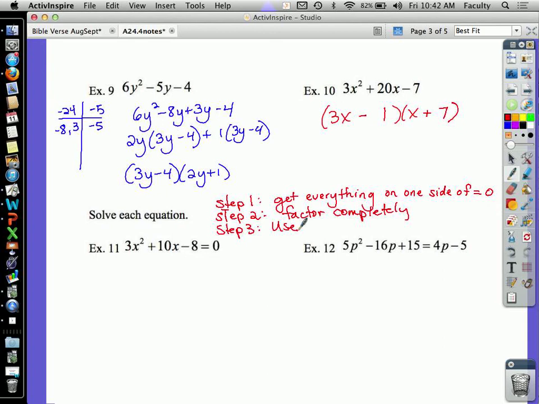Step 3, use the zero factor property that we reviewed yesterday and set each factor containing a variable equal to 0. And step 4 is solve each of those resulting equations.